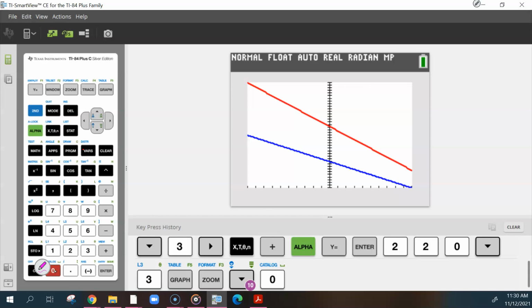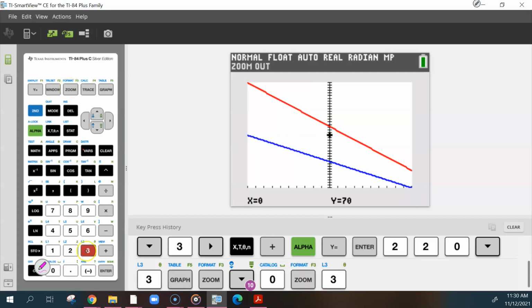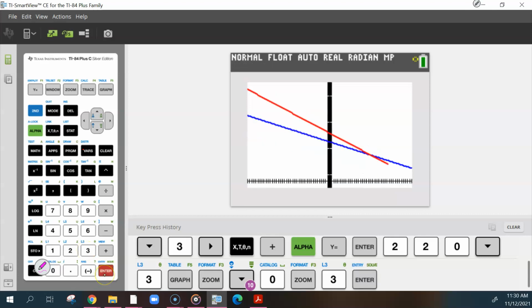So to actually find that, I'm going to zoom out again. So zoom and then zoom out, and press enter. And now I can see where they intersect. Again, yours are not colorful like mine, so it'll look a little different.